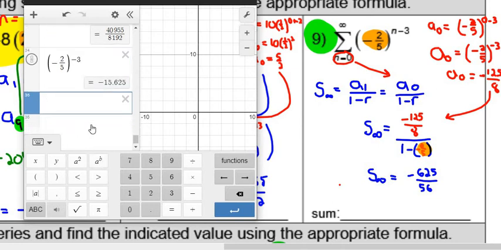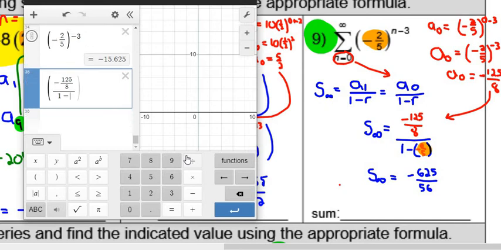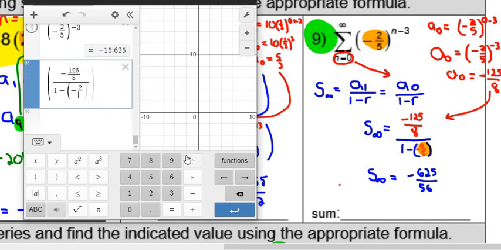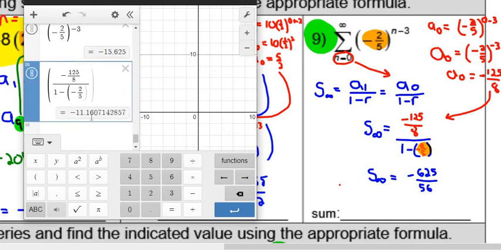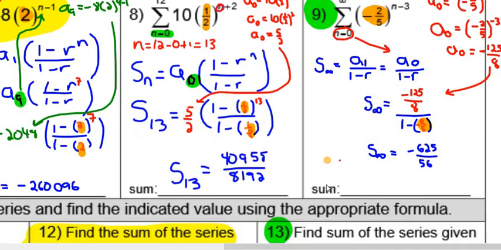And then to type the whole thing in, don't forget your -125 divided by 8, and then highlight the whole thing, and then divide by 1 minus -2/5. You're going to want to really practice that, right? And so you get gobbledygook, and then you clean it up by hitting that. So -625/56. Be careful typing that in. Maybe use some extra parentheses.